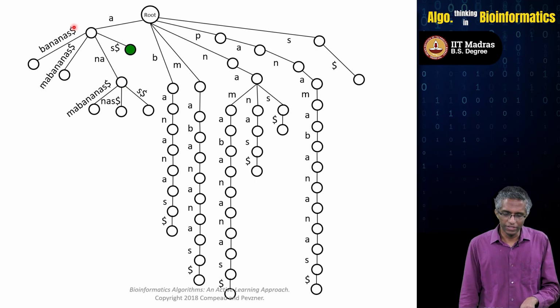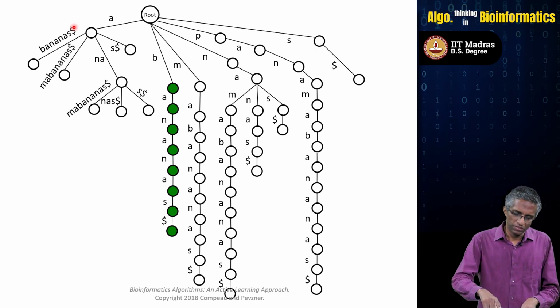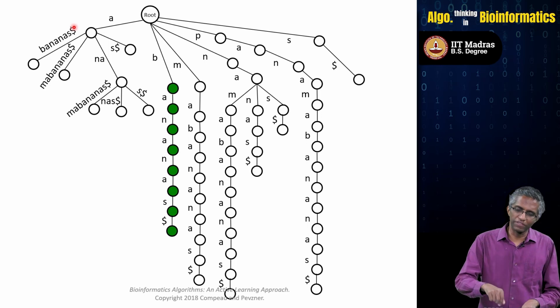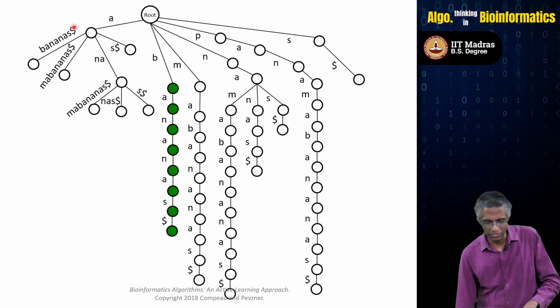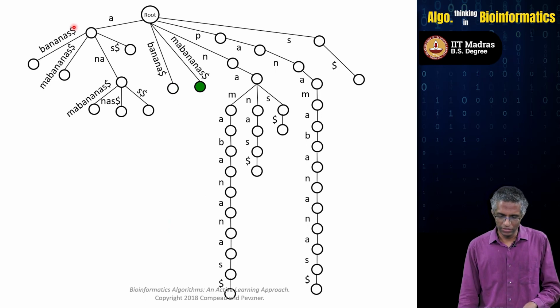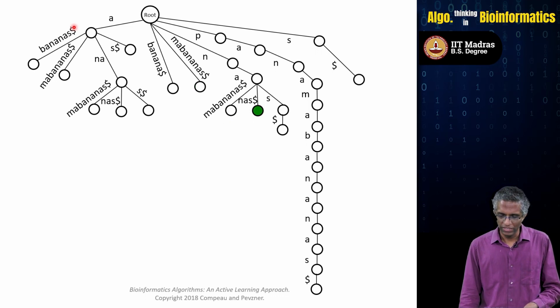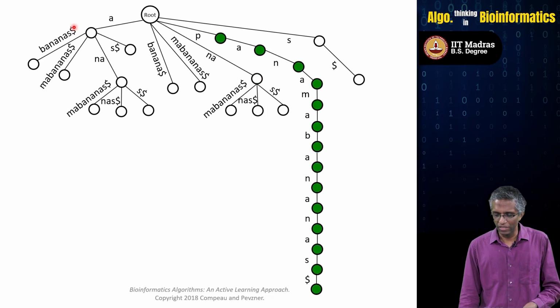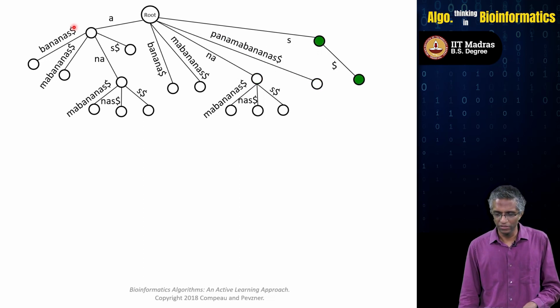This will be again s dollar, ananas dollar. So all of these paths which do not have any branches can be compressed into these strings: ma bananas, na s dollar and na, and Panama bananas, the full string, s dollar.